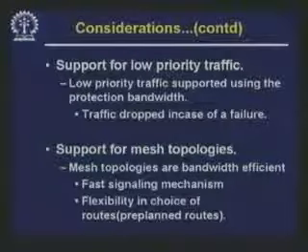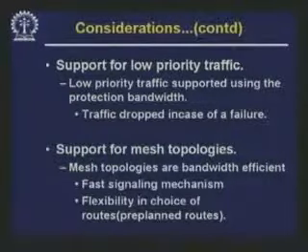Support for mesh topologies. Mesh topologies are bandwidth efficient, with fast signaling mechanism, flexibility in choice of routes, pre-planned routes, etc. So, support for mesh topologies, that is also nice. If you remember our discussion about different types of topology, we have star, tree, ring, mesh, etc. These are the different possible topologies.